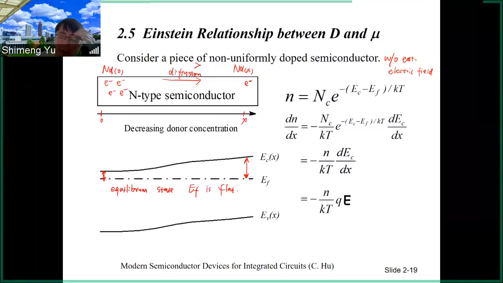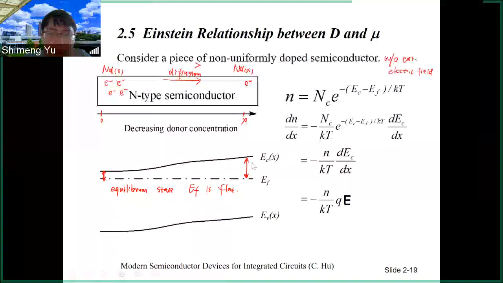The Fermi level is flat in the equilibrium state, or the Fermi level is flat when you have no electric field applied externally. If you don't apply voltage, the system is in the equilibrium state, and EF is flat. So EF is flat, but you have different distance to the EC. That means EC will have this slope.